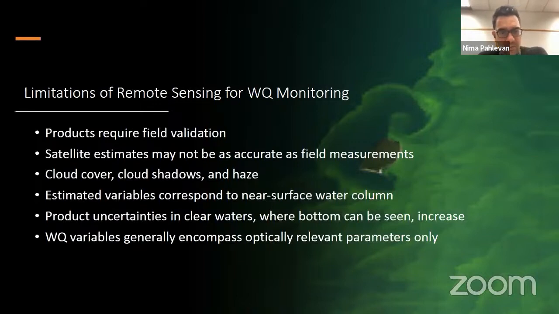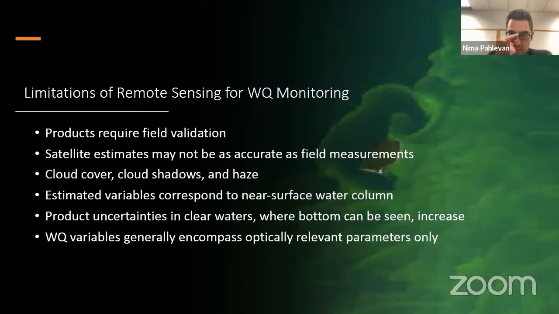Product uncertainties increase in clear waters where the bottom can be seen. So if you're trying to quantify chlorophyll A, TSS, or other parameters or turbidity, and you have signatures from the bottom, if you have bottom reflection, the retrievals of chlorophyll A and TSS could have even higher uncertainties.